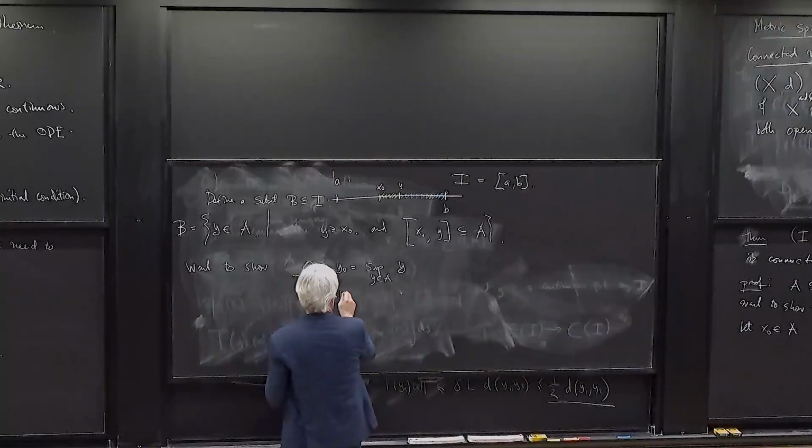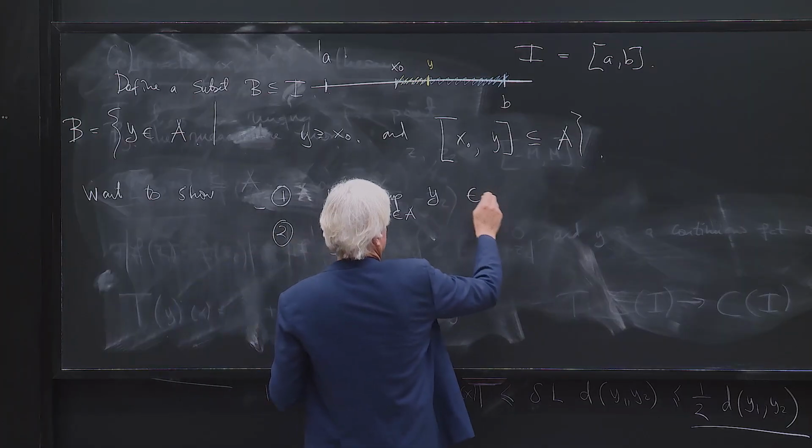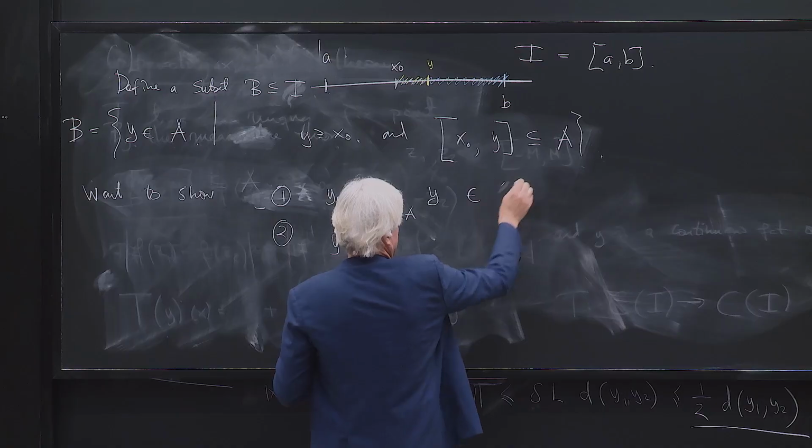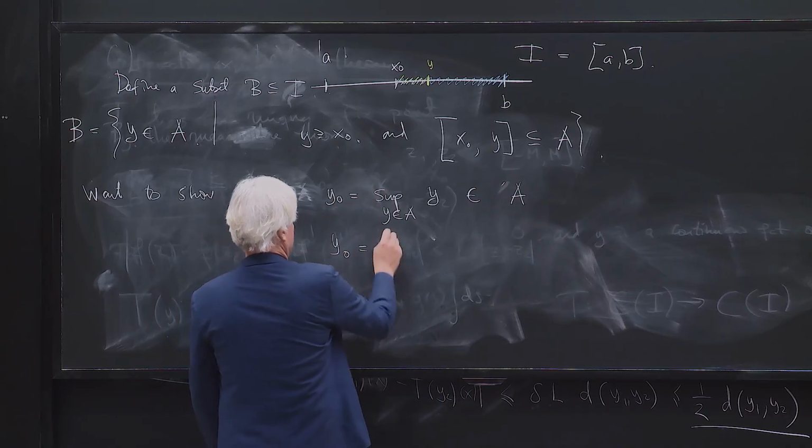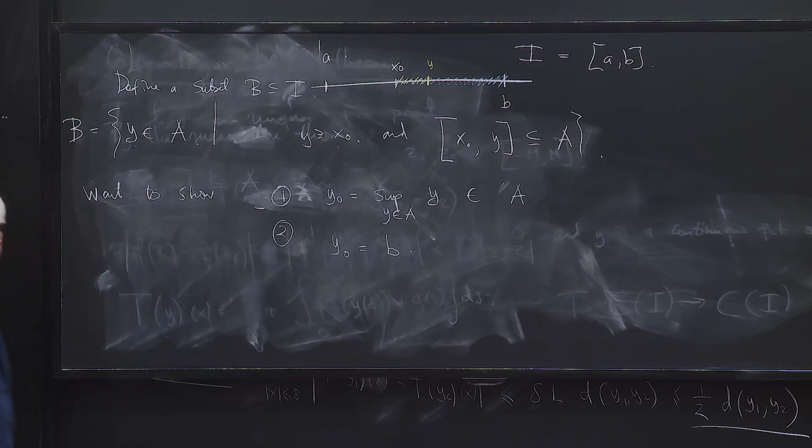And then we want to prove that this thing here is in A. And the second thing is we want to prove that this sup is actually equal to B. Okay, that's what we want to prove.